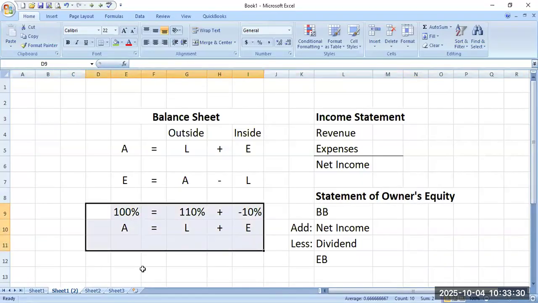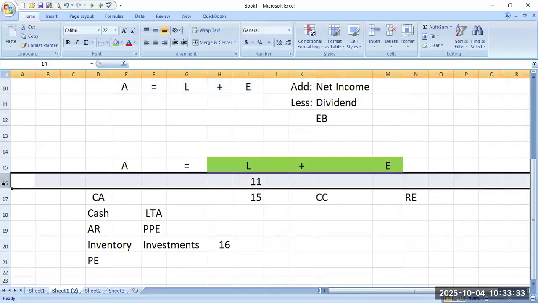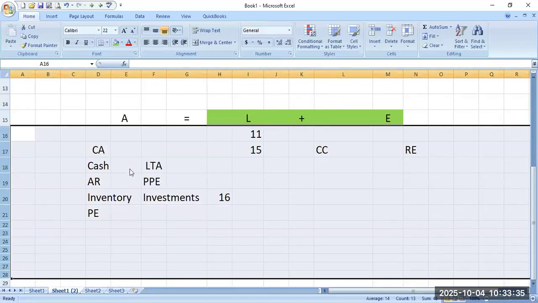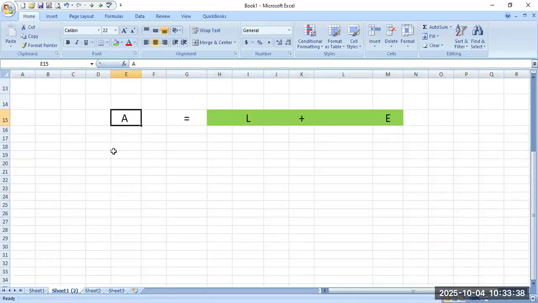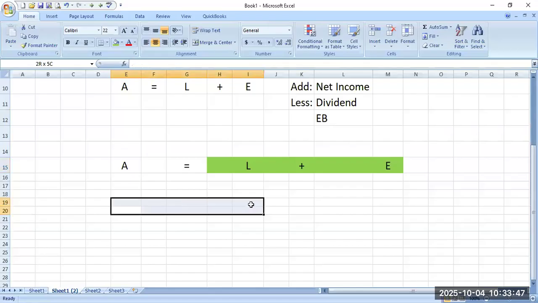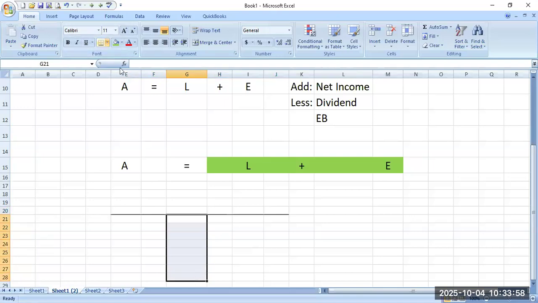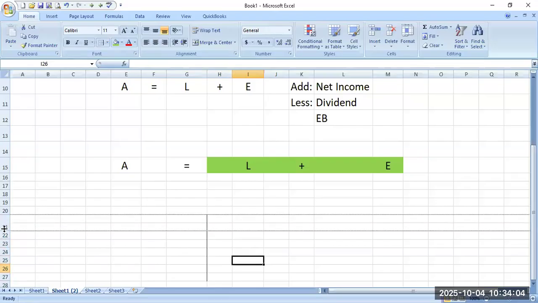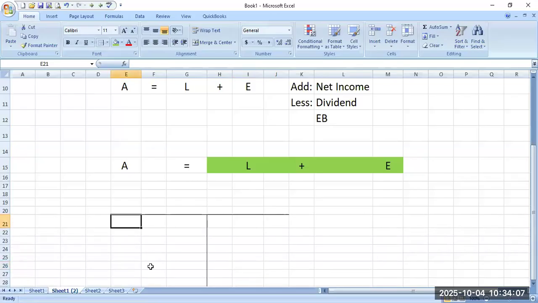So I want to delete something, but I want to delete this part. Obviously, we're going to have accounts under the assets, and we're going to have accounts under the liability and equity. On the T account, let's draw some T accounts here. The T account usually looks like this, correct? That's your T account. And if it's a balance sheet account, that T account is going to have a beginning balance and it's going to have an ending balance.